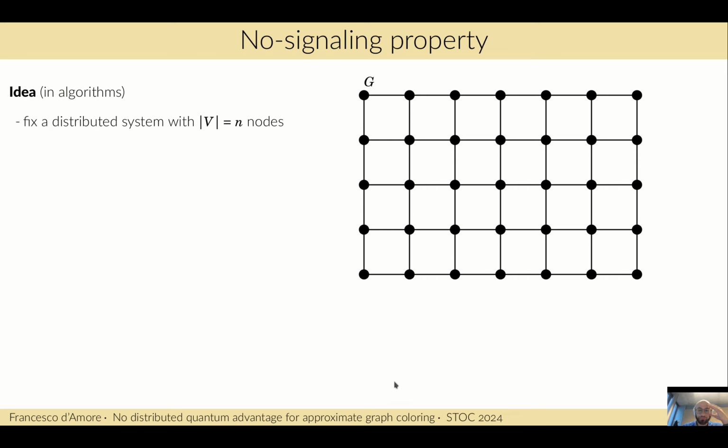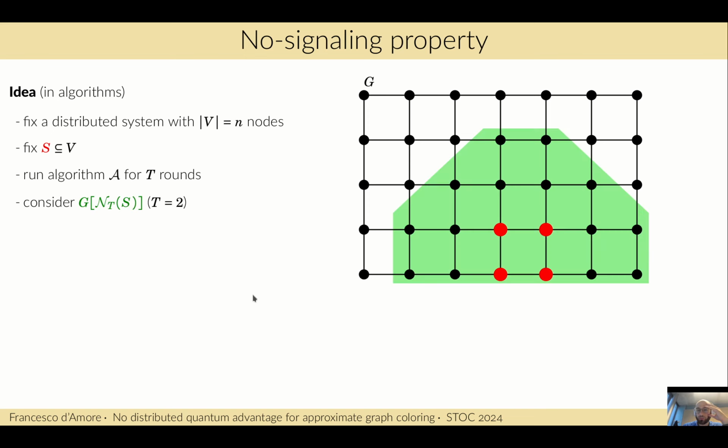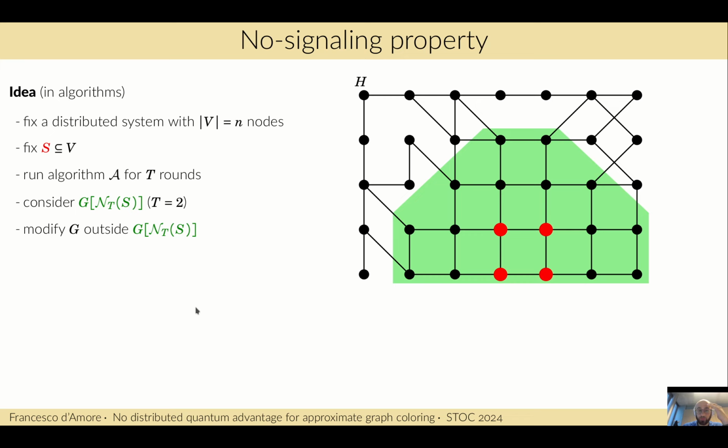And intuitively, let's see what happens with algorithms, since algorithms also satisfy this property. Let's fix a distributed system with n nodes, as in the picture, and also a subset of those nodes. Let's run an algorithm A for t rounds, in the picture t equals 2, and consider the t-neighborhood of these red nodes, in the picture the green region.